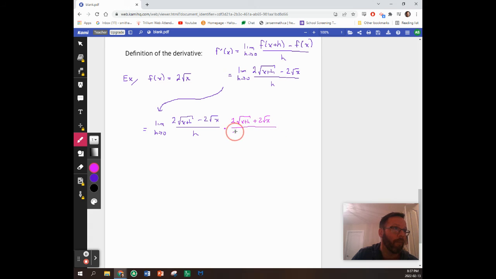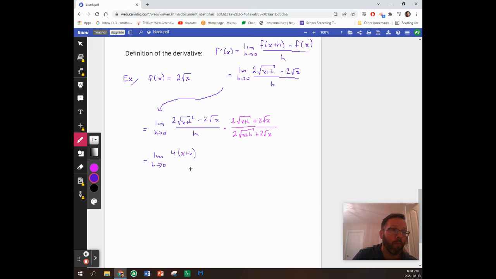We've got to do the same thing at the bottom: 2 root x plus h plus 2 root x. And now we do some simplifying. Because the top is a difference of squares, we're going to have 2 root x plus h times itself, which gives us 4 times x plus h.